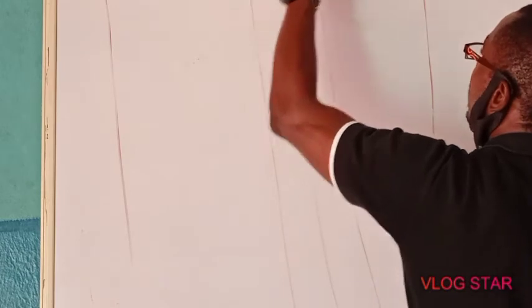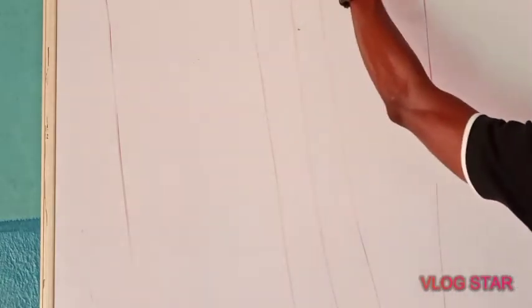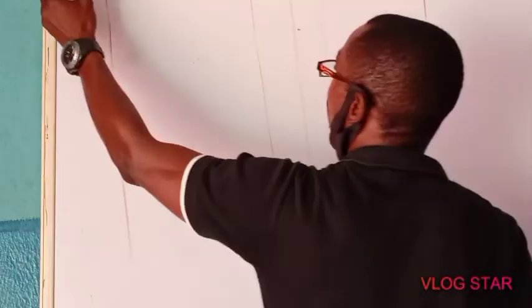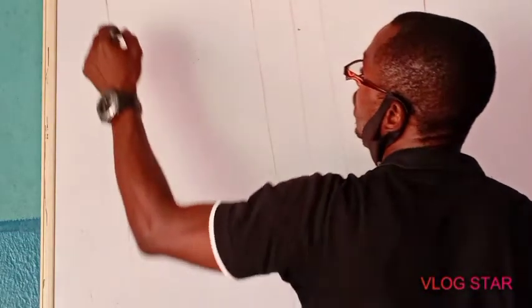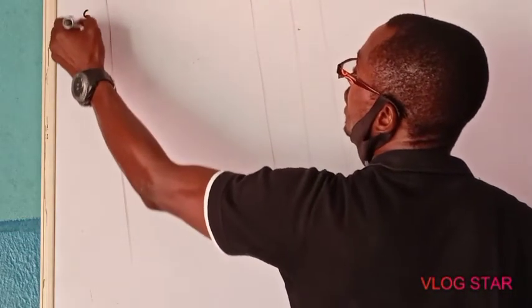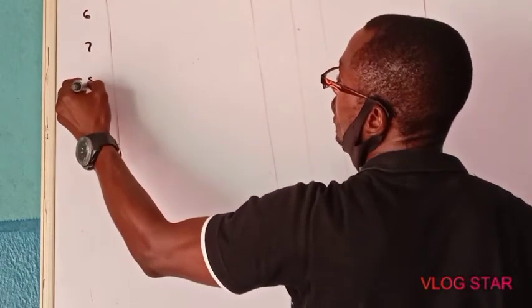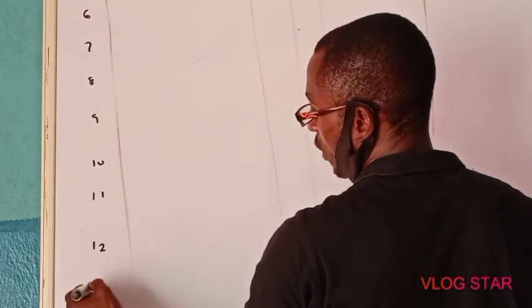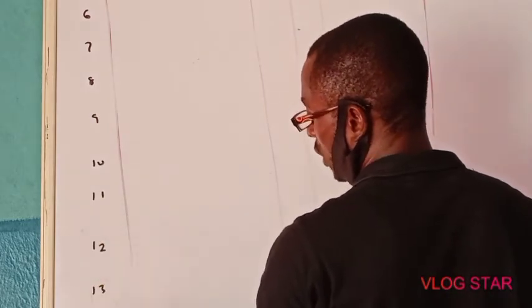Please pay attention. We have the valency, and we have the nature. But of course, we know the rest. I will stop at these 4 columns. I will not start with 1. I will start with 6, 7, 8, 9, 10, 11, 12, 13, 14.